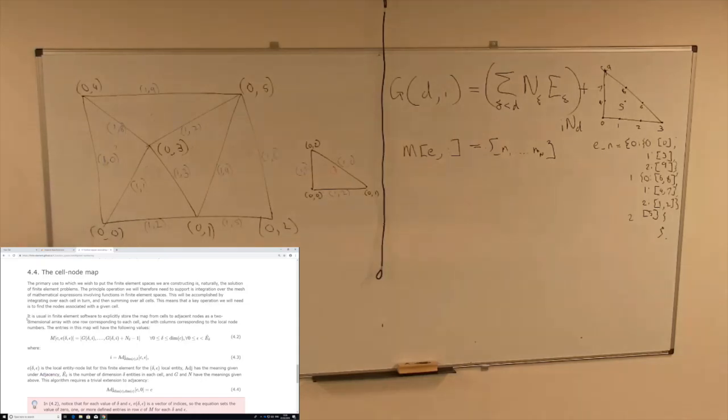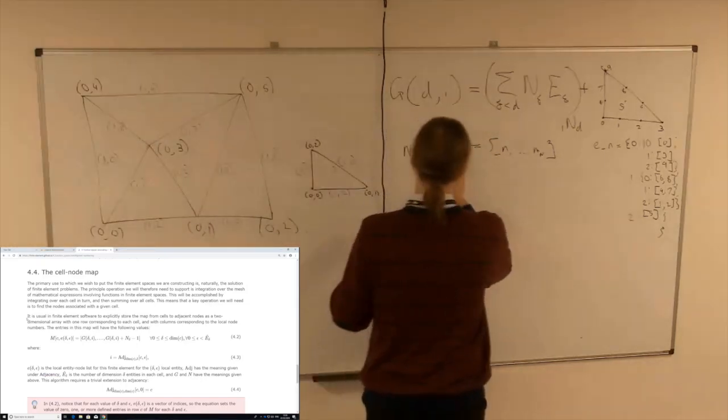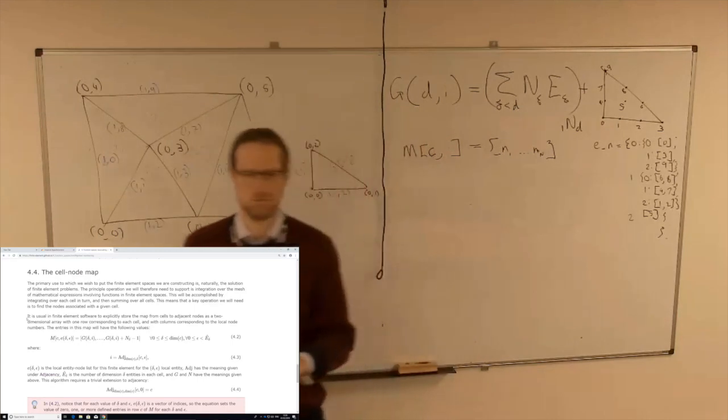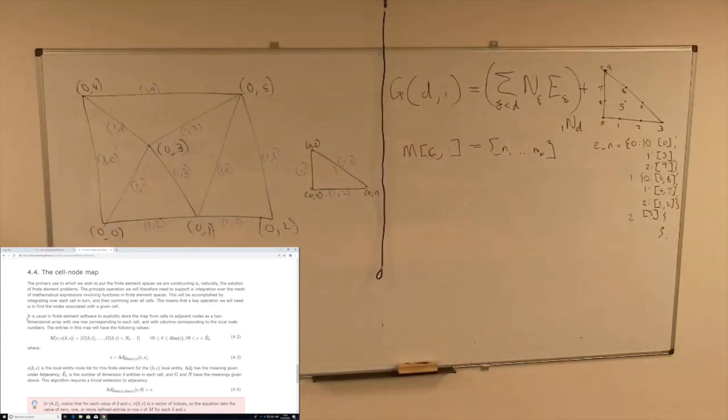So how do I do that? Let's try and be consistent with the notes, I've called this C for cell. It's the index by cell.